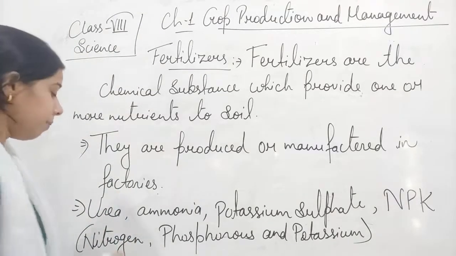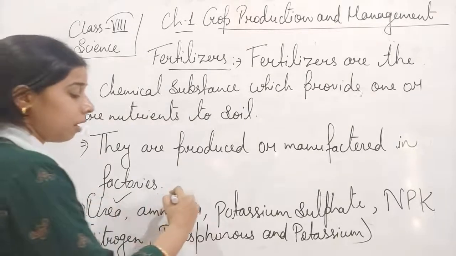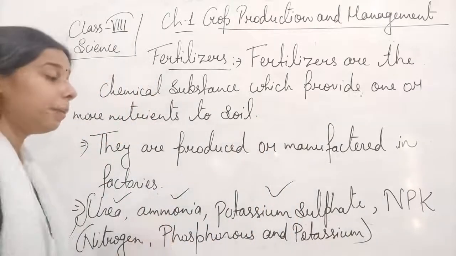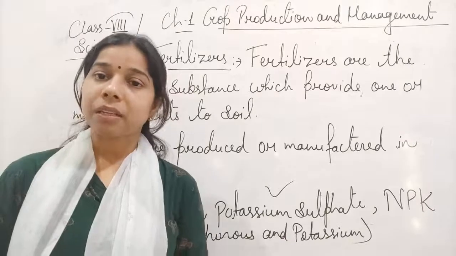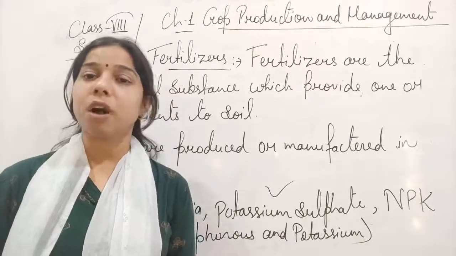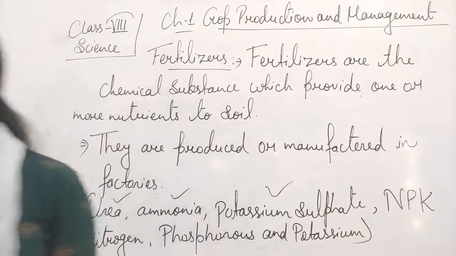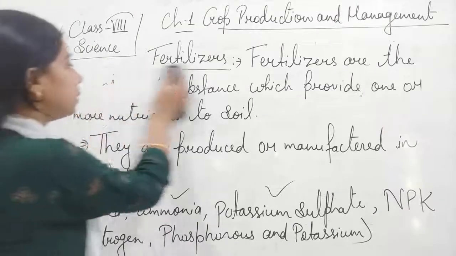These are the common fertilizers. So urea is there, ammonia is there, potassium sulfate is there, and NPK, that is nitrogen, phosphorus, and potassium. These are the common fertilizers which are used in the field, students. So this is the fertilizer.